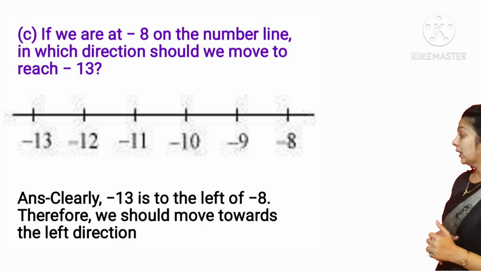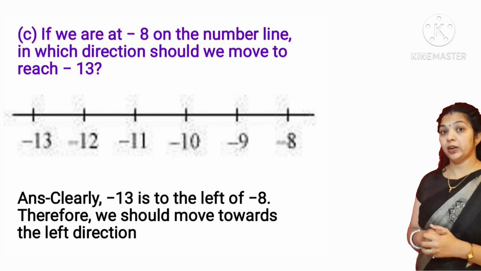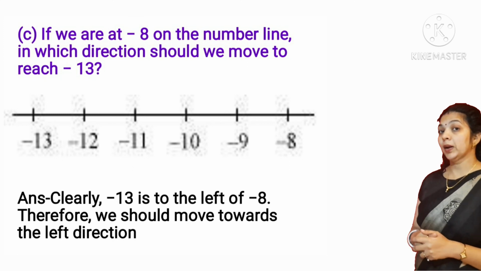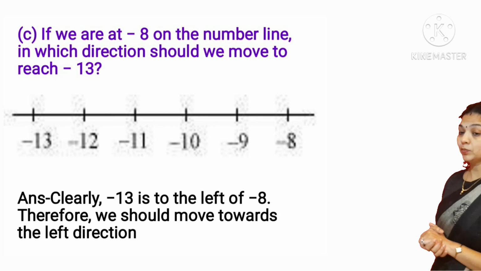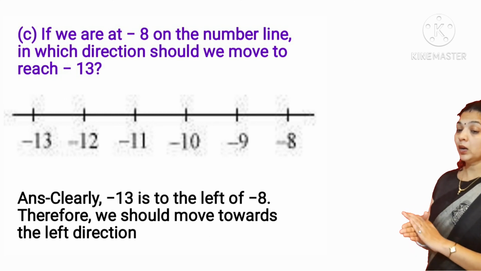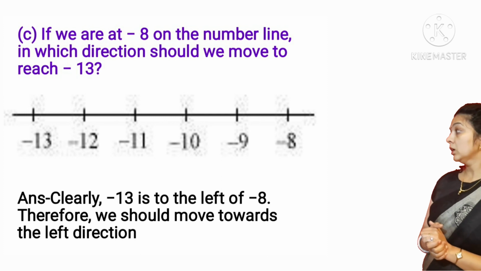Minus 13 is on the left side of minus 8, so we have to move left to reach minus 13. And how many steps? 1, 2, 3, 4, 5. 5 steps towards the left.